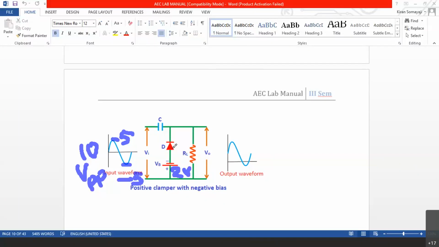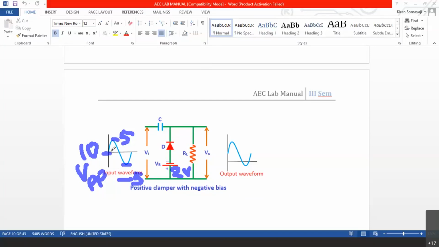This diode is normally reverse biased. Normally, when the input signal is not there, the diode is still reverse biased, because the anode is connected to -2 volts. You can see the battery symbol here. This battery is negative. That means in the normal condition, when the input signal is absent, the diode is reverse biased. Now in the positive cycle, when the signal increases, the anode is already connected to the negative plate, but the cathode is now connected to positive.